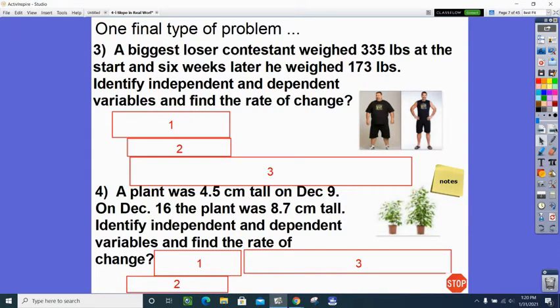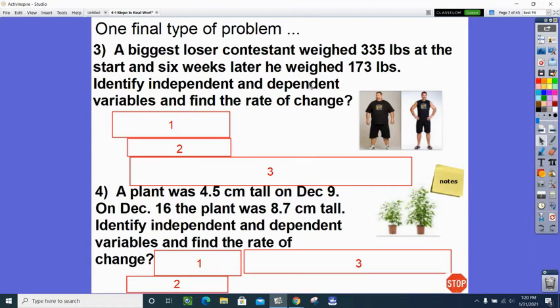First of all, what depends on what? And then we are going to find what is his rate of change. Okay, what is happening to his weight? So what is the X and what is the Y? That's the first thing when you're looking at words. So does his weight depend on how many weeks have gone by? Or does the week change based on his weight?